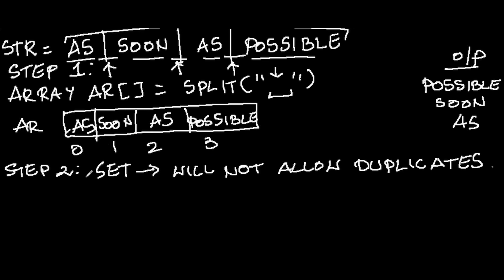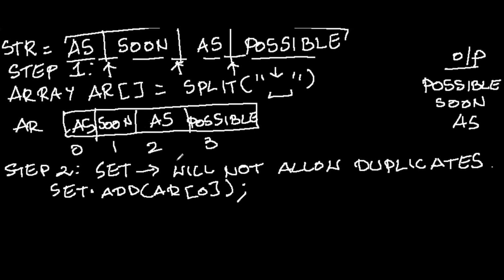So what I'm going to do is I'm going to store each and every word in the set. So like set dot add of the array. It's like this. So here you have to put it in a for loop. I will tell you how it is done in the Java program. So you will start storing the words in the set.